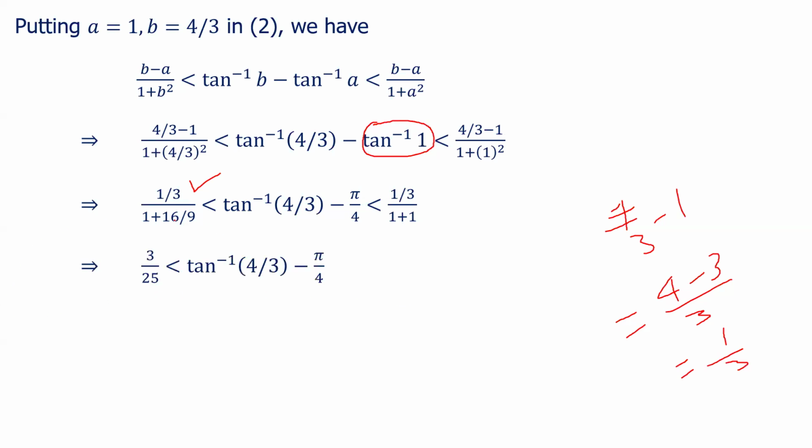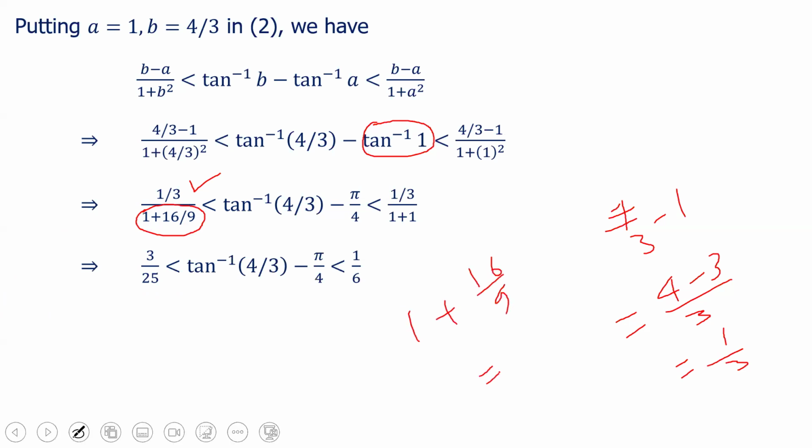Now if we simplify it, 1 plus 16 by 9 can be written as 9 plus 16 upon 9, which is equal to 25 by 9. 25 by 9, and 1 upon 3 is in numerator. So 1 upon 3 will cancel and 3 will go to the numerator, which is less than tan inverse of 4 by 3 minus pi by 4, this one, and 1 by 3 upon 1 plus 1.